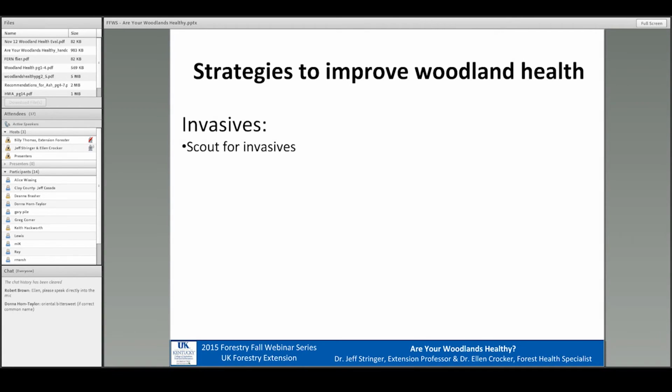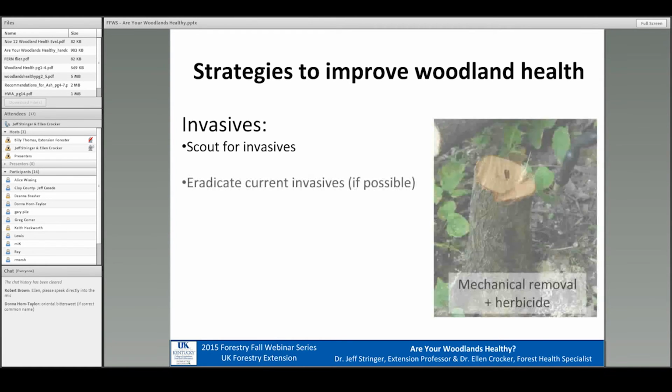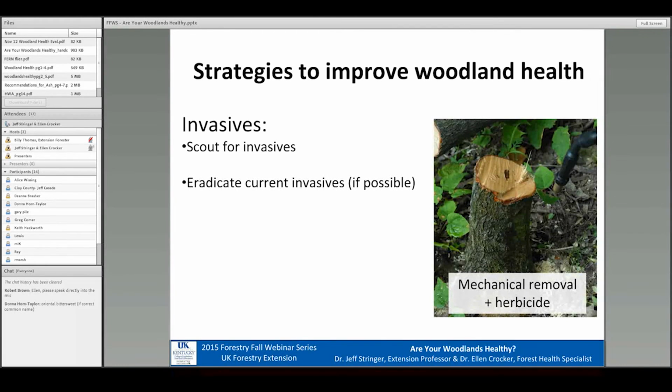And once you've got a good grasp of what's out there, where it is and how it's affecting your woodlands, if it's problematic, you probably want to be developing a plan to eradicate current invasives if possible. In this photo, you can see an example of both mechanical removal, so cutting, and then herbicide treatment of bush honeysuckle right there.